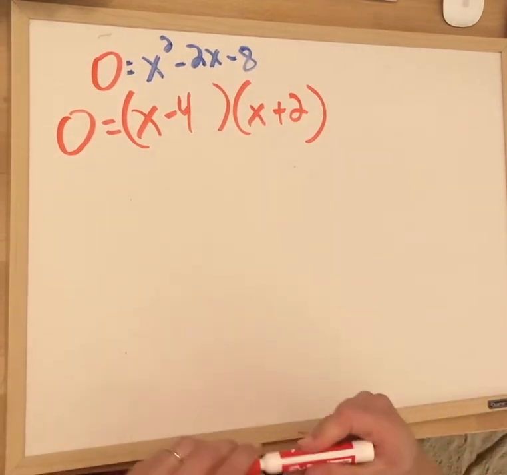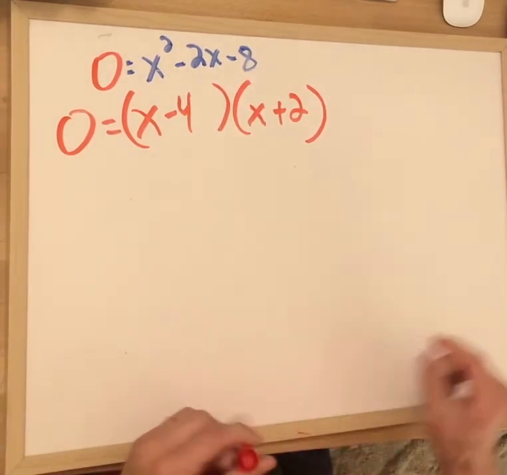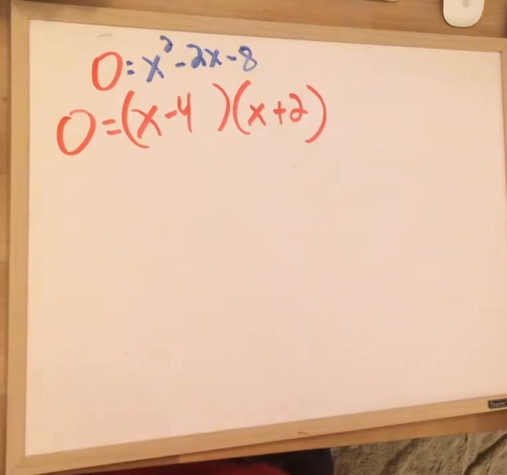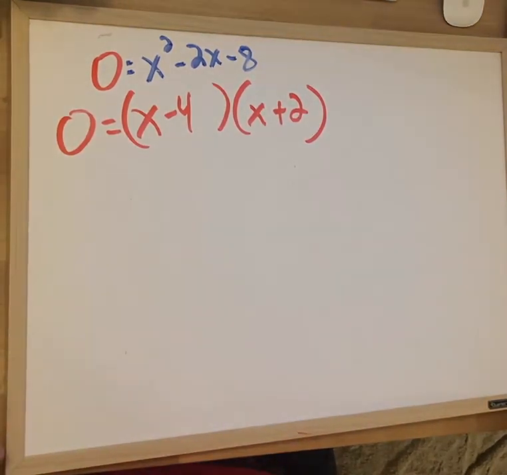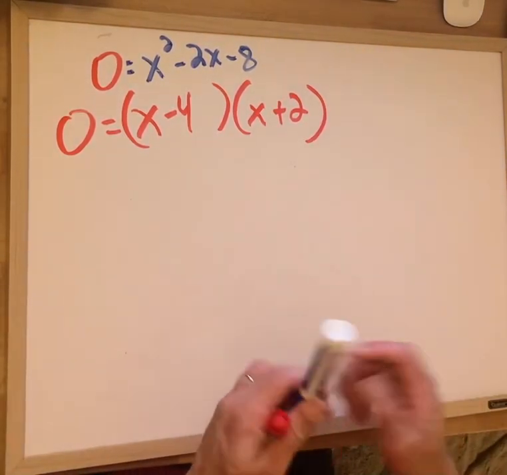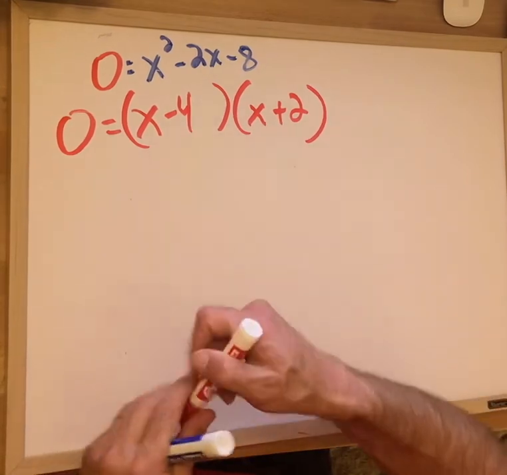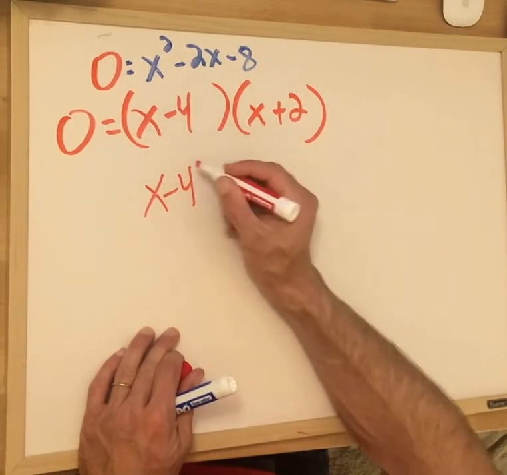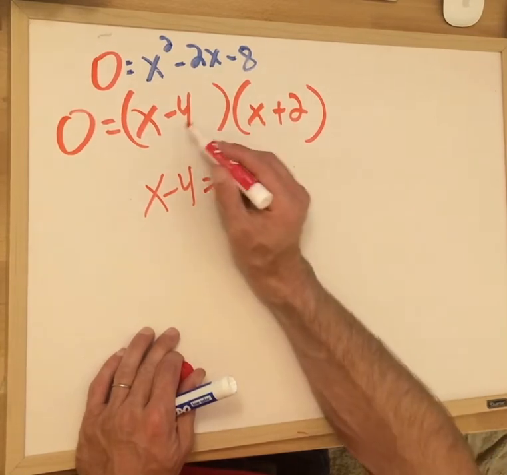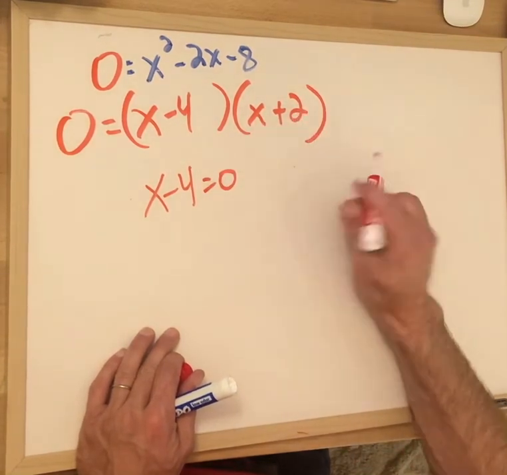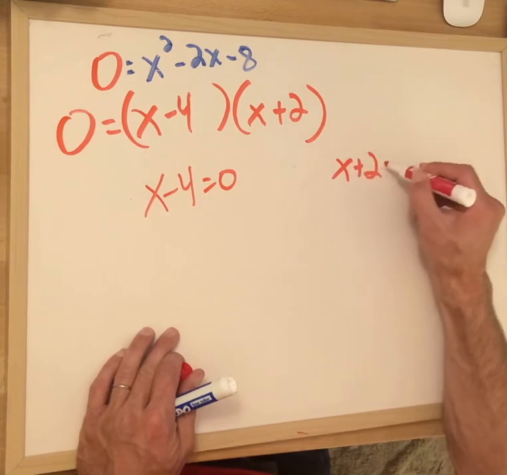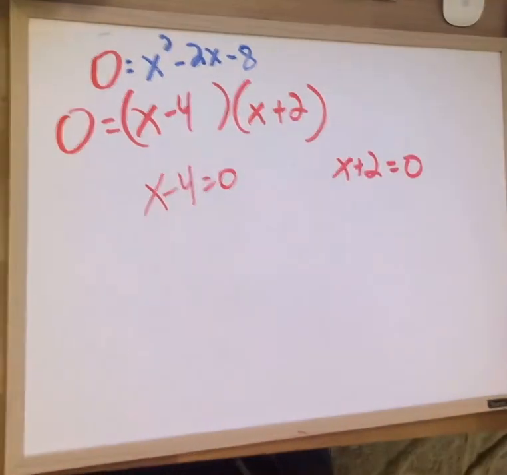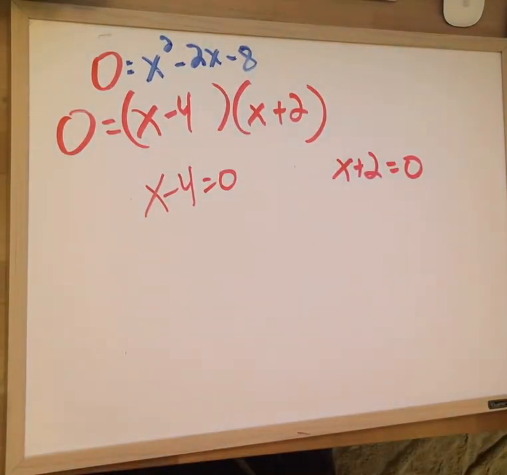The new thing is called the zero product property. That's what I have in green on the notes. And with that, what it means is you take every variable factor and set it equal to 0. So I'm going to pull this one out, take what it says and set it equal to 0. I'm going to pull this one out and set it equal to 0. And you'll see why I'm doing this in a second.